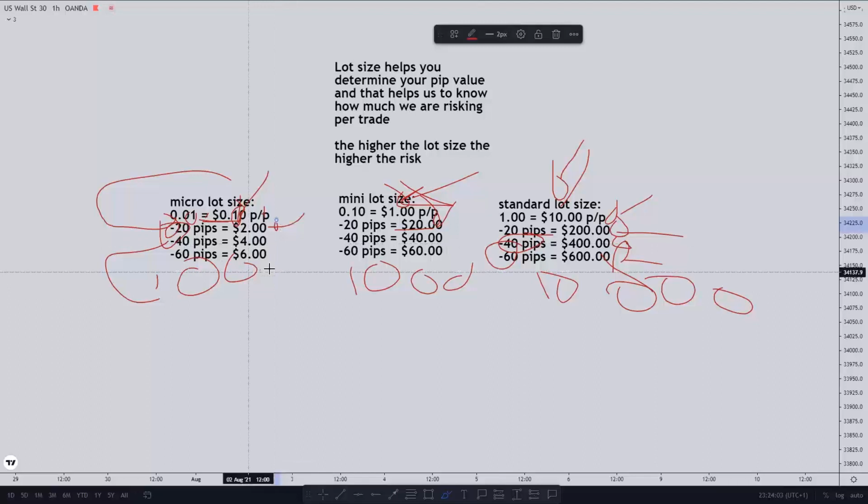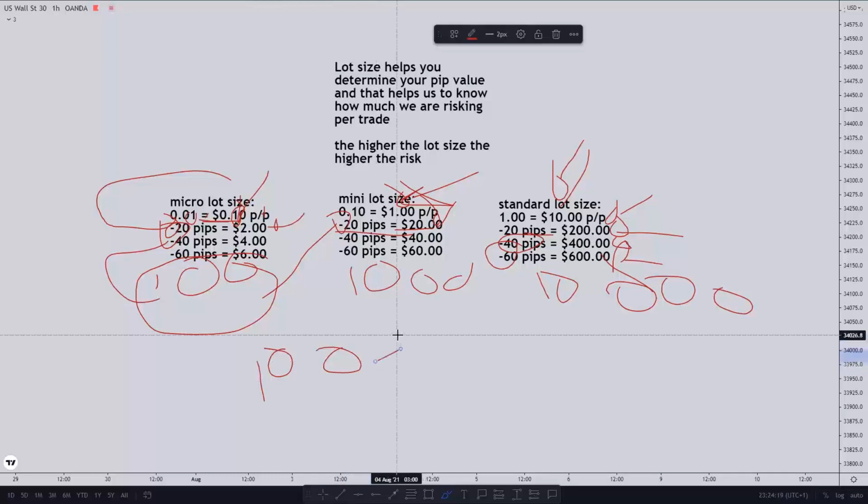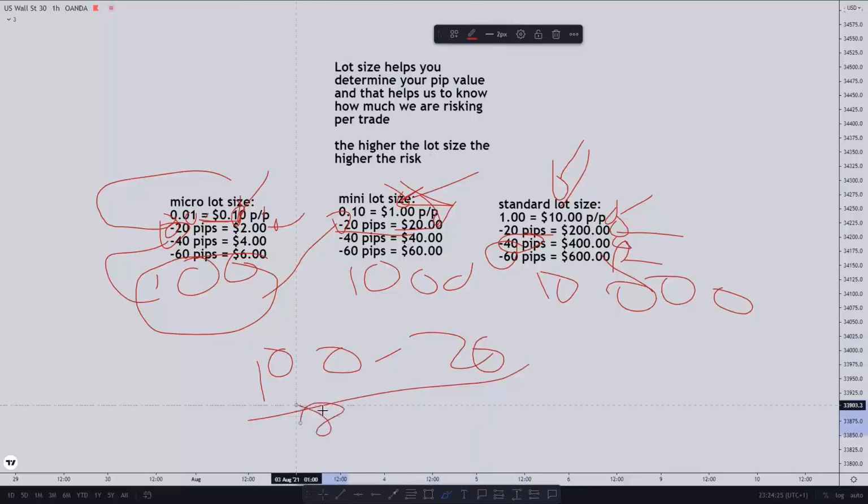But now if I'm greedy with this small account, and I use a mini lot size, which is 0.10, and my stop loss is 20 pips, that means my account is going to be down by $20 from that one trade.